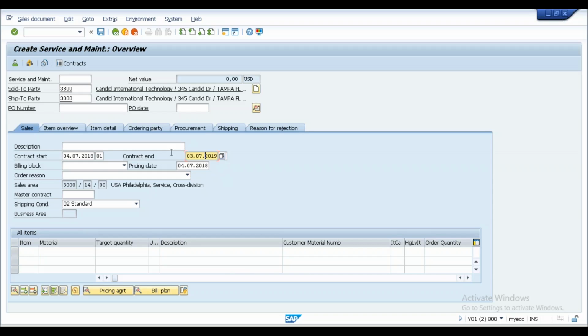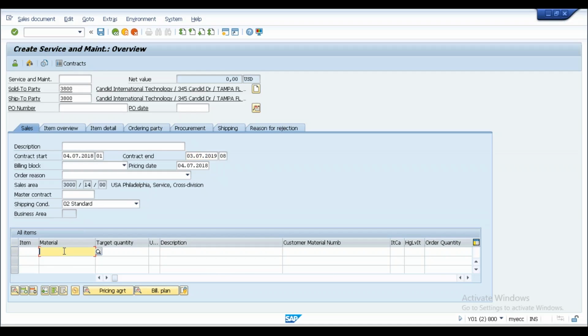The contract is starting from today and ending exactly after 1 year. Don't worry about these dates, you can change them here also. These are the defaulted dates based on the configuration maintained for the contract type. So the contract is starting from 4th of July till the 3rd of July 2019.